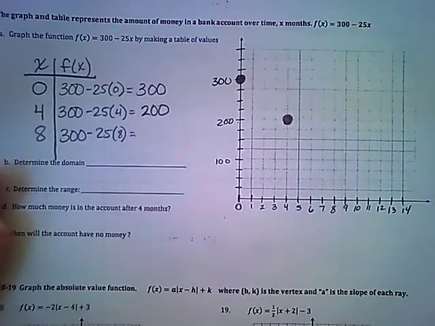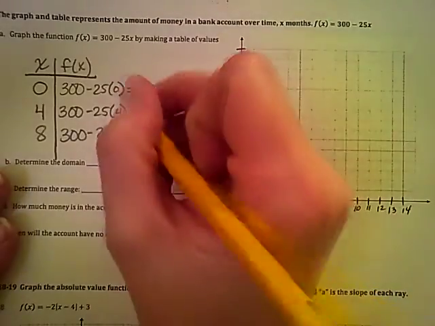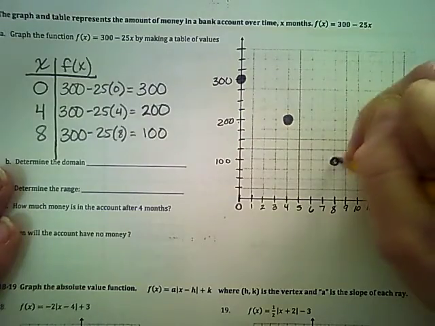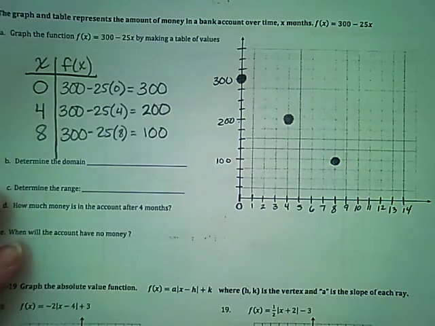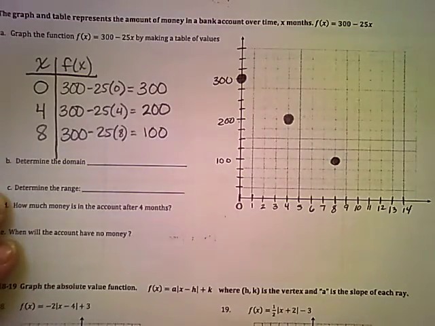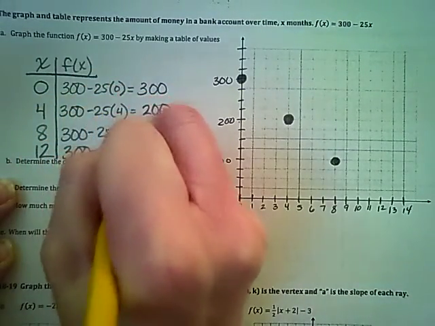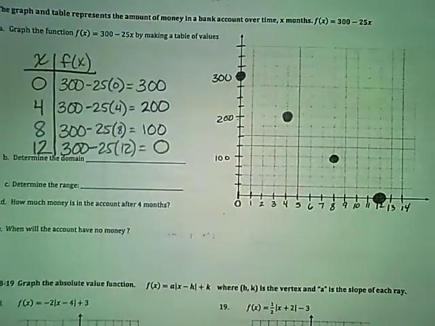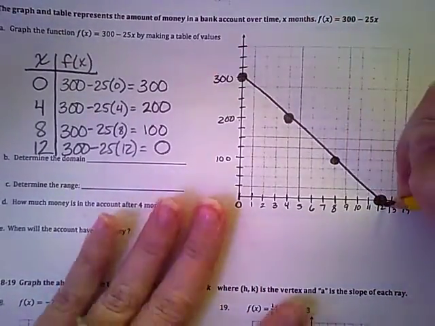So after 8 months, how much money is in the bank account? Well, 8 times 25, that would be 200. 300 take away 200 is 100. When will you have no money in the account? How many months? 12. At 12 months, 300 minus 25 times 12 would give you $0. So we could connect this.